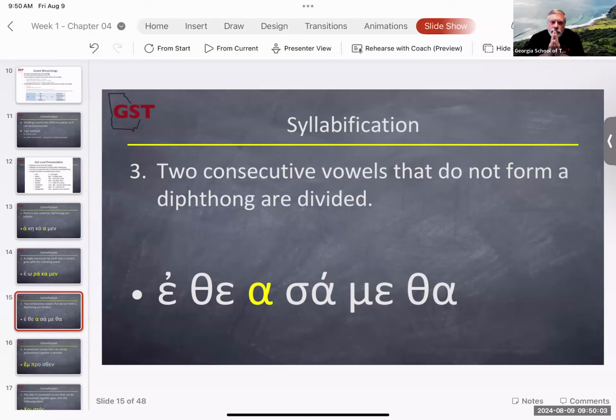How would you pronounce this? A, sa, me, tha. Put it together. A, sa, me, tha. The asameta.